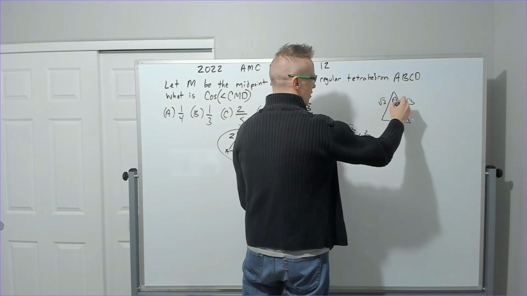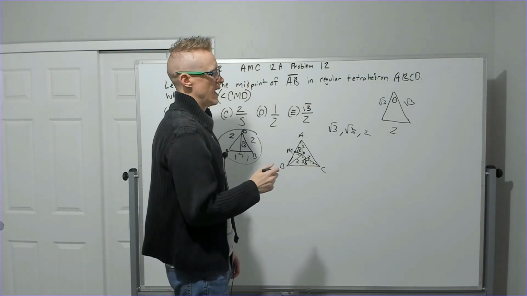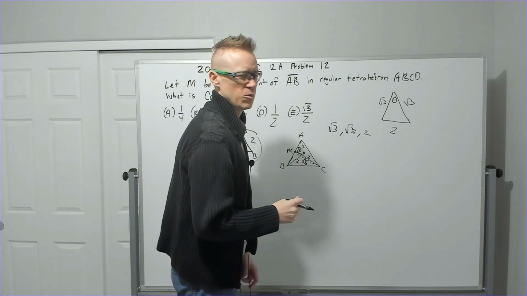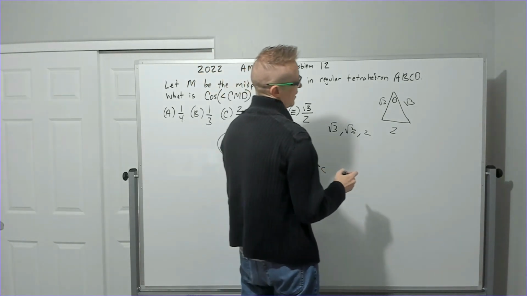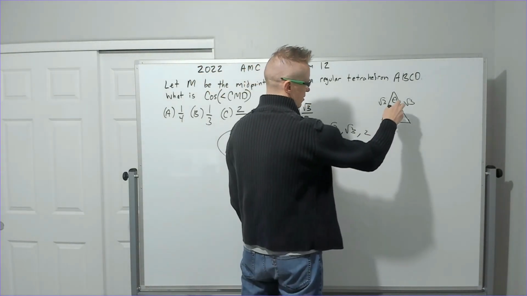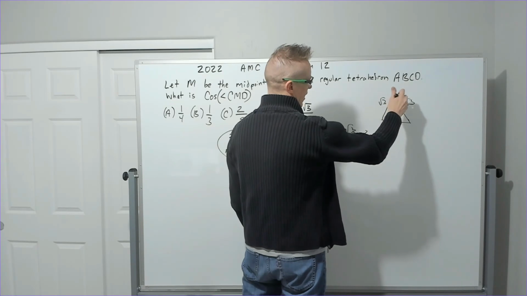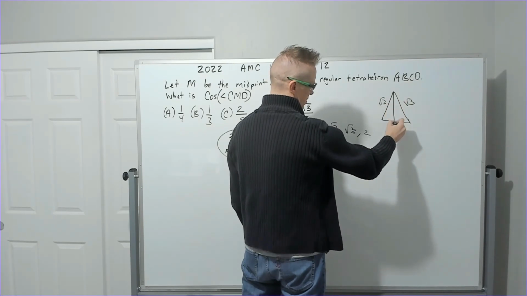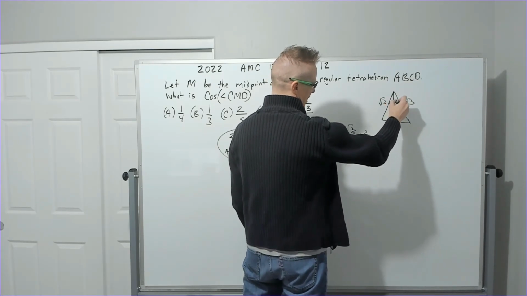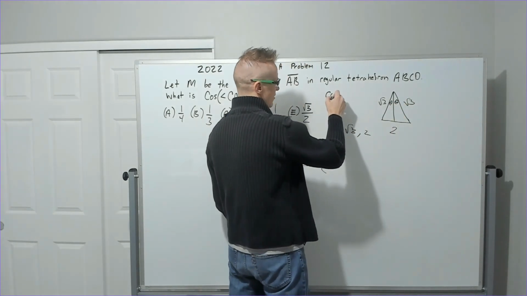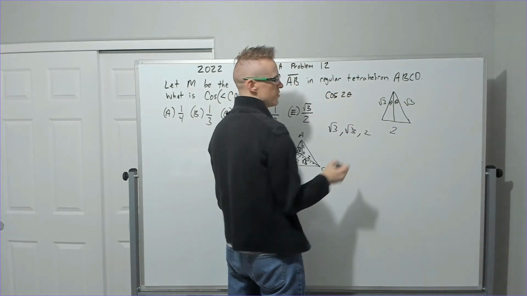We're looking for the cosine of this angle. You could do law of cosines if you wanted to. You could also do what? I think what I would do is drop the altitude, and I put theta here and here instead, and now you're looking for the cosine of 2 theta.